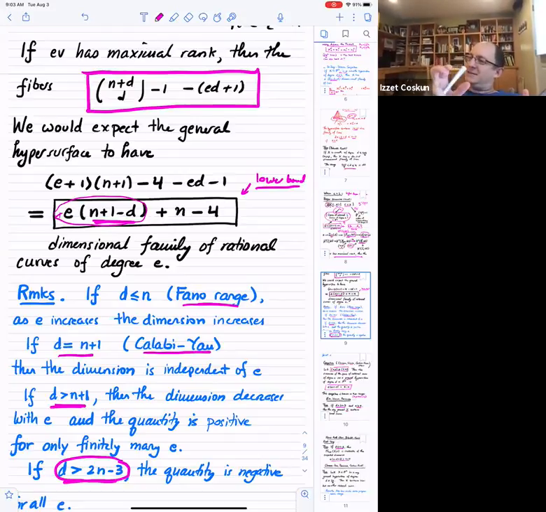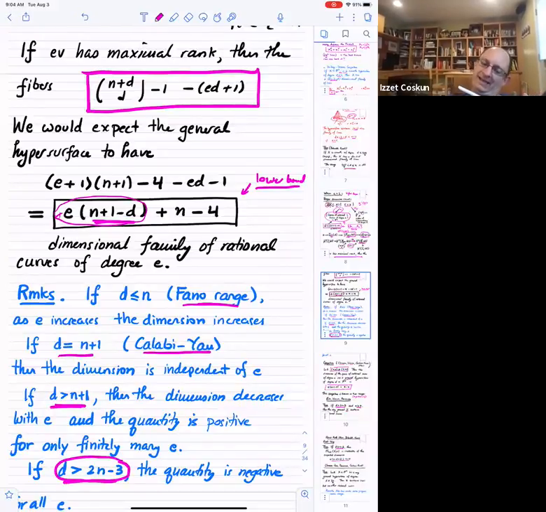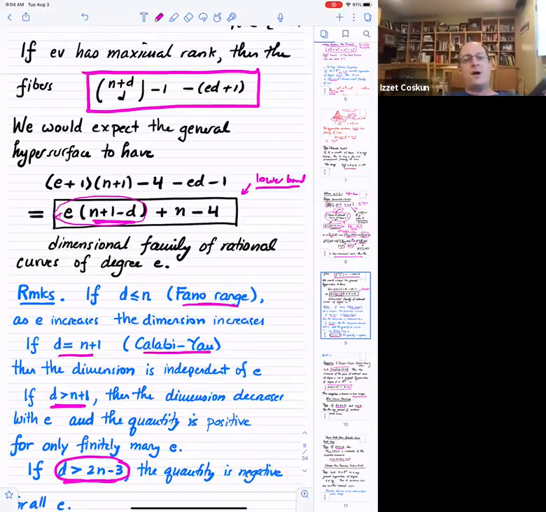So when D is roughly 2/3 n, then you will have conics. But between 2/3 n and 3/2 n, when D is roughly 3/2 n, so there's a 2 there and a 3 in the end. If you make E equal 2 and ask when is this thing greater than or equal to 0, ignoring the constants, when D is less than 3/2 n, then you will have conics.